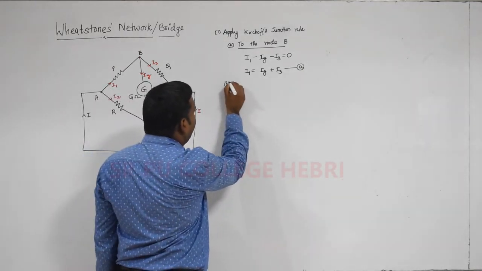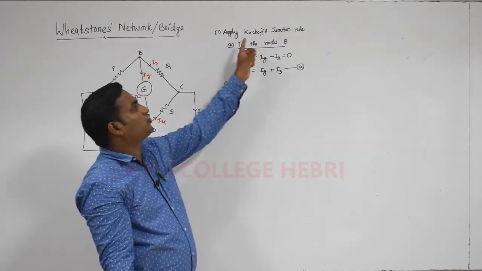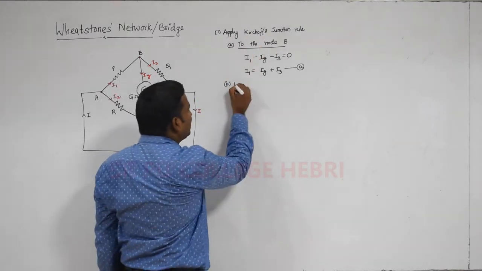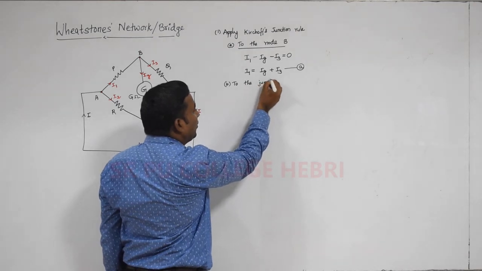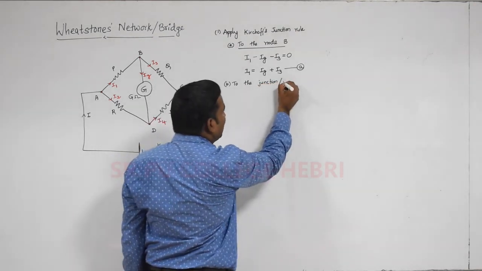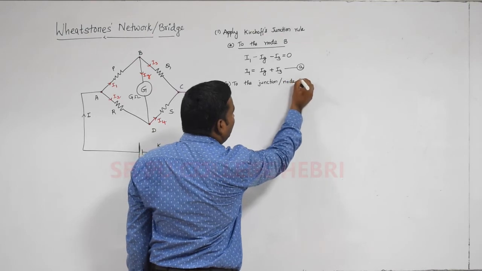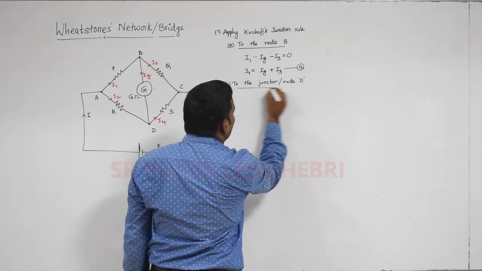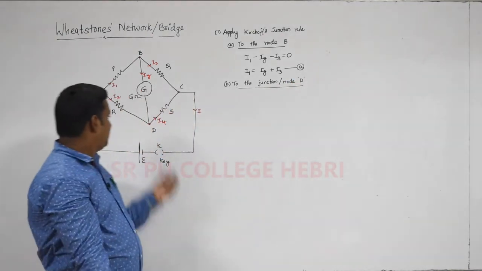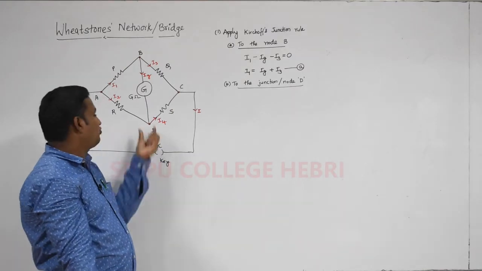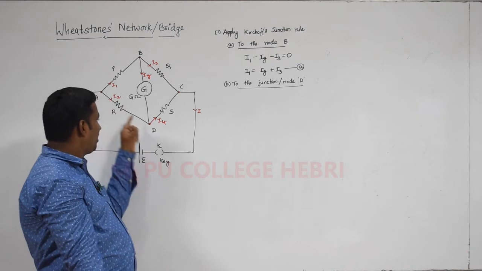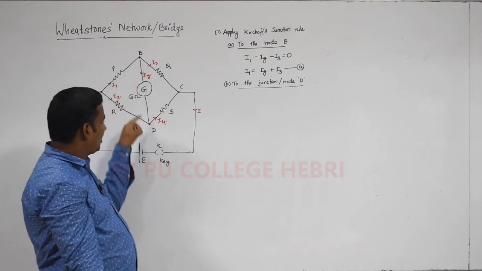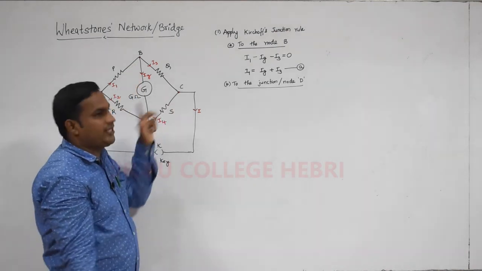Similarly, point B, apply Kirchhoff junction rule to the junction or node D. Here this one is the node D or junction D. In case of junction D, I2 current is entering, IG current is entering, I4 current is leaving.